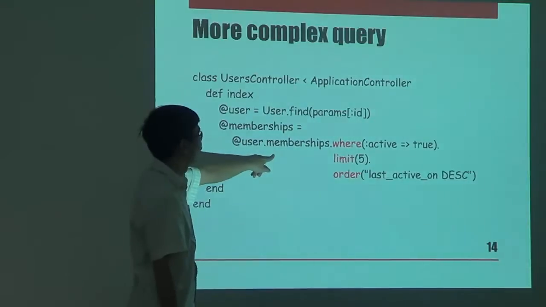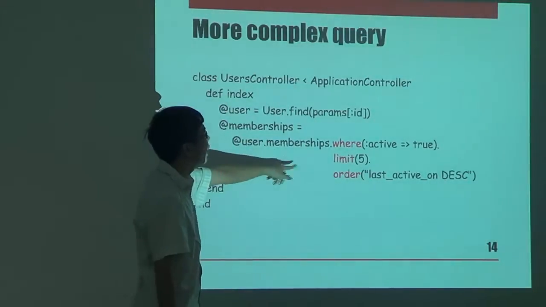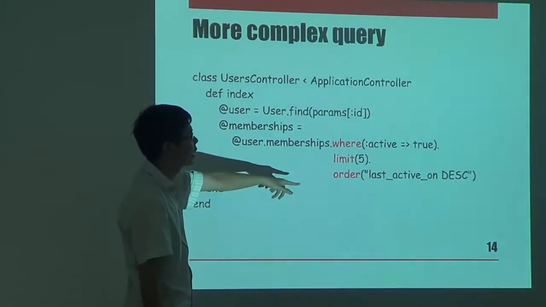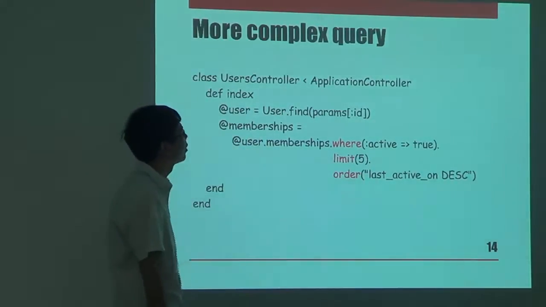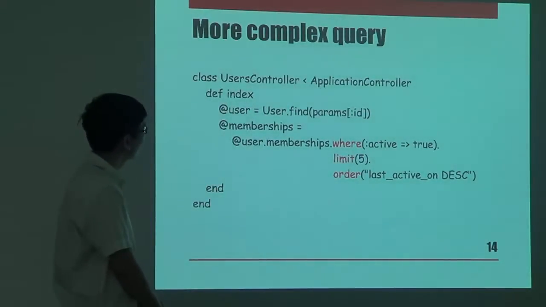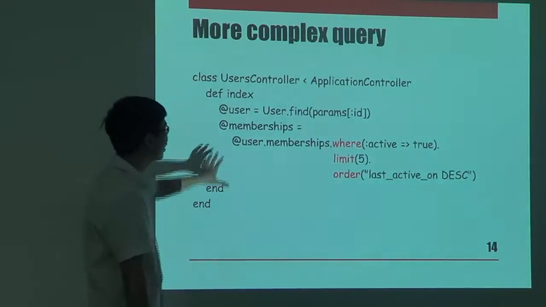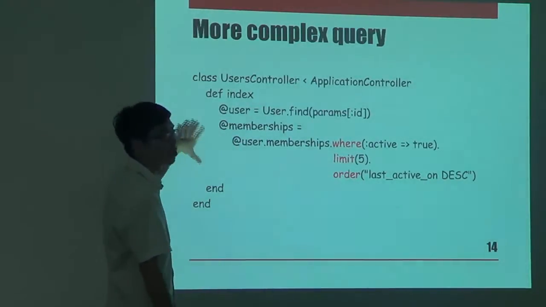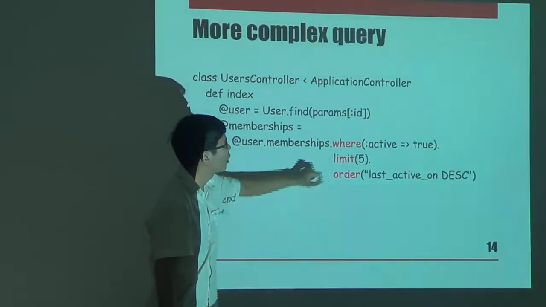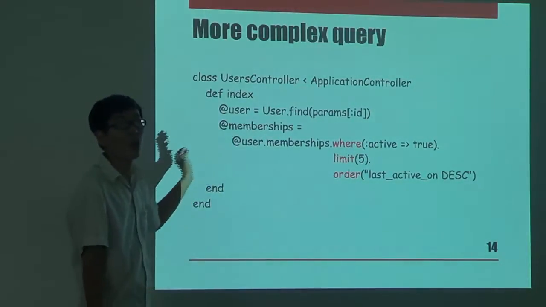With these queries, we have the user memberships where active is true, limit five, and order by last time scanning. So this is a very complicated statement in the user controller, and this statement should not belong in the controller. It should belong in the model.